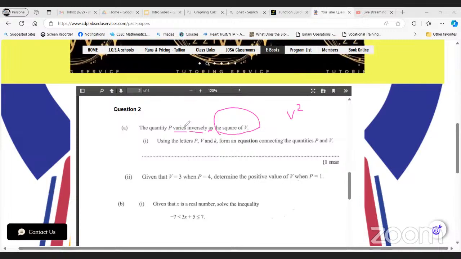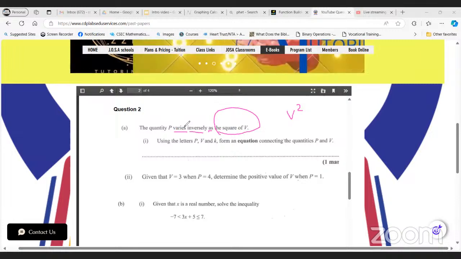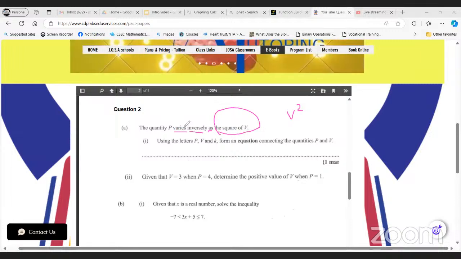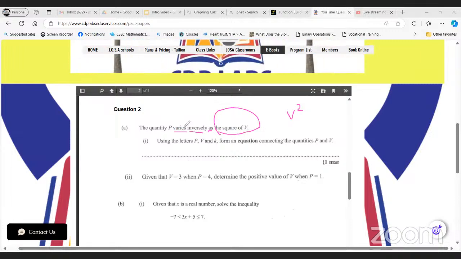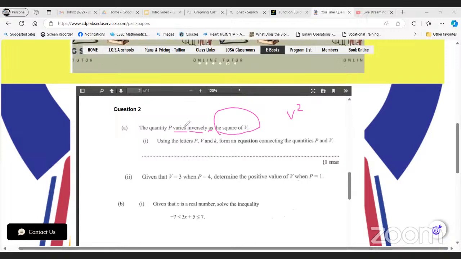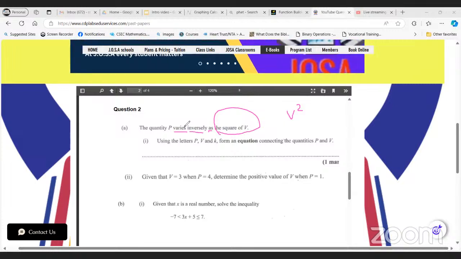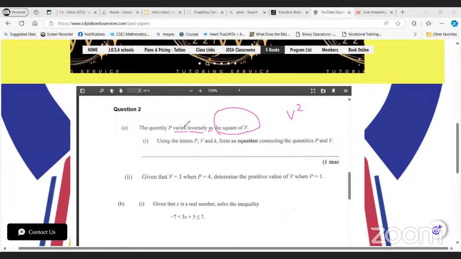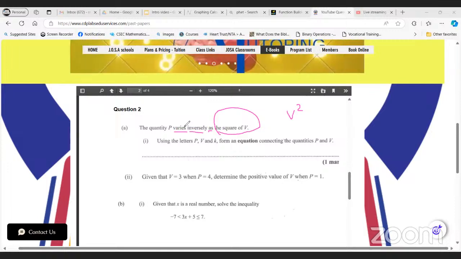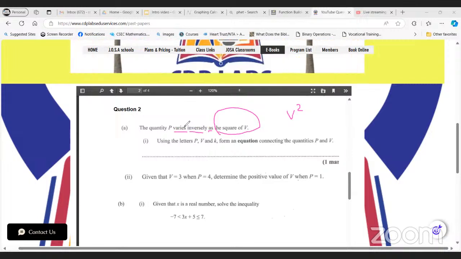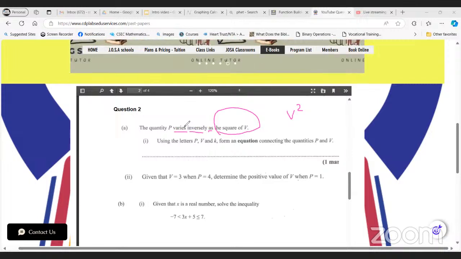Now, varies inversely really means that when one quantity increases, the other quantity decreases proportionally. Let me read it again. Varies inversely means that when one quantity increases, the other quantity decreases, hence the word inversely.